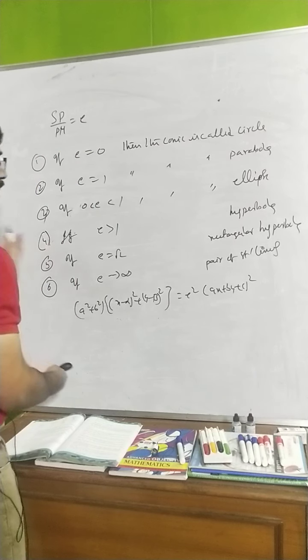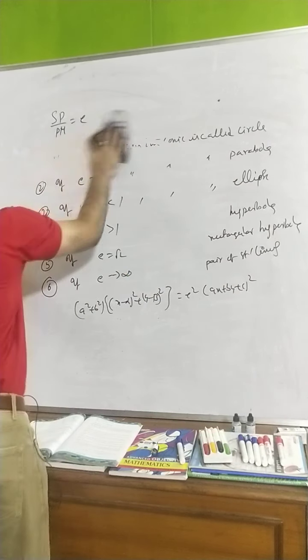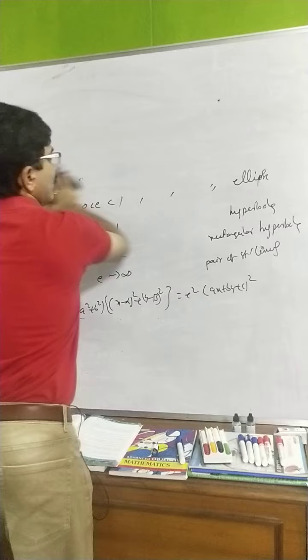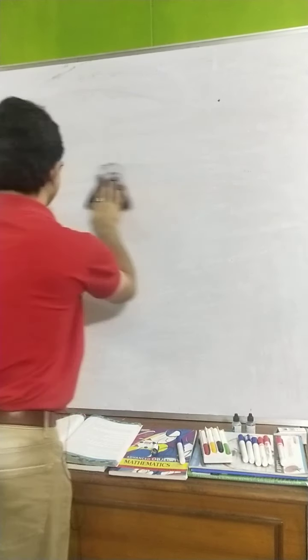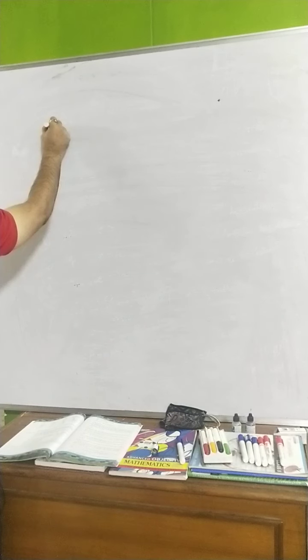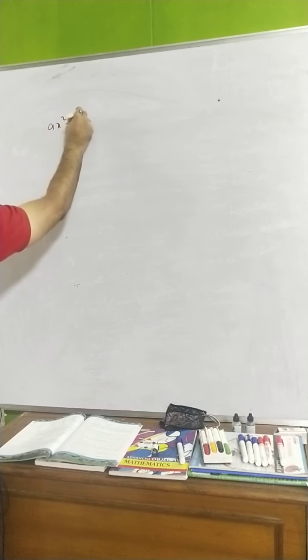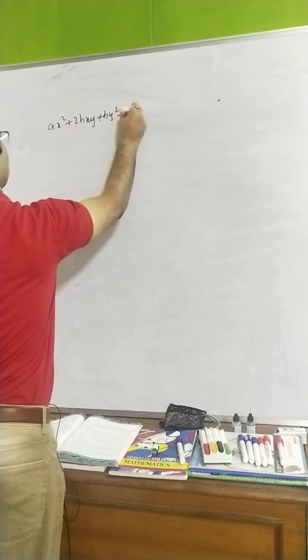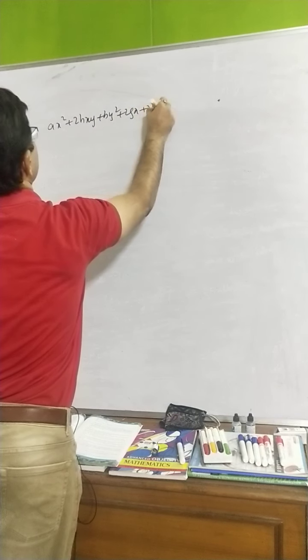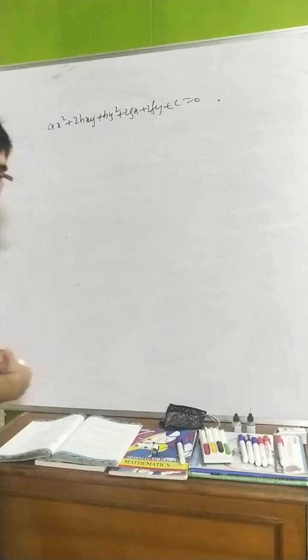No. So after this, there is one more point you have to know, related to the second degree equation. Suppose the equation is ax square plus 2hxy plus by square plus 2gx plus 2fy plus c equal to 0.